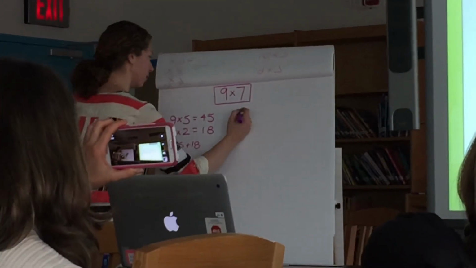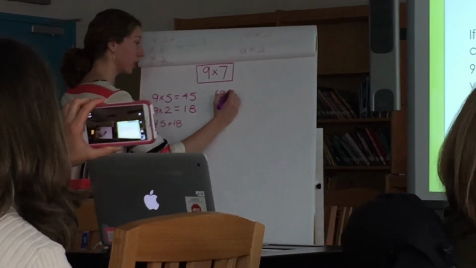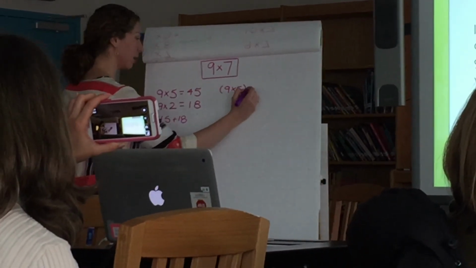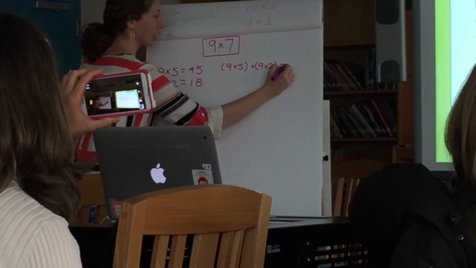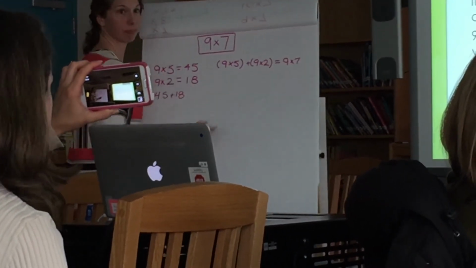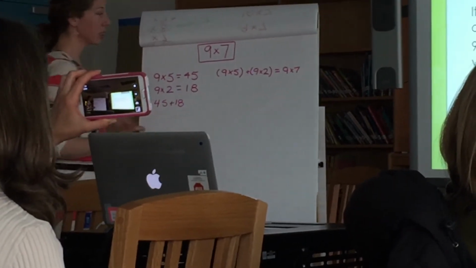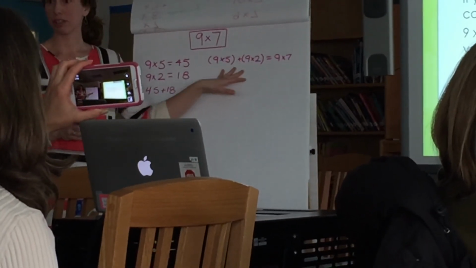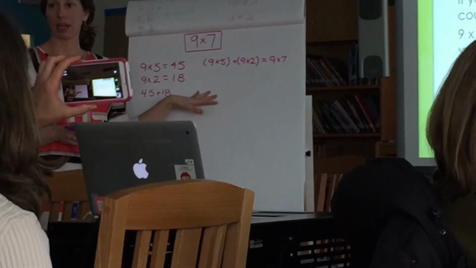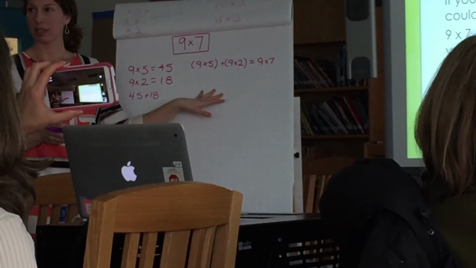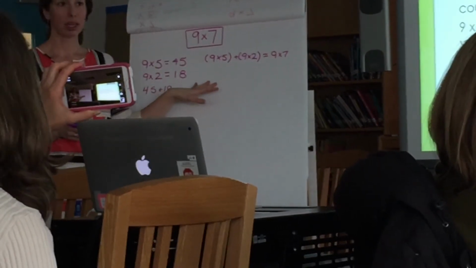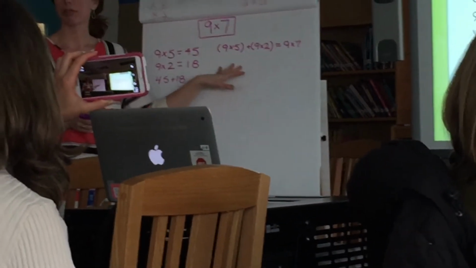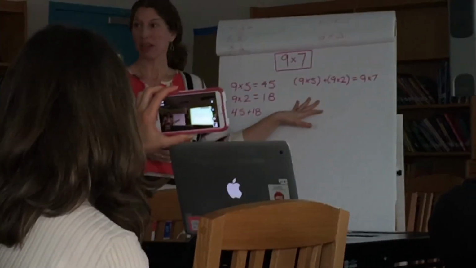Okay, so here you have the distributive property over addition, where we're thinking about 9 times 5 plus 9 times 2 being equivalent to 9 times 7. So we're actually modeling this notation for kids. We're not expecting that right away that they're taking it on, but some kids will. And we want them to start internalizing how to notate their work.